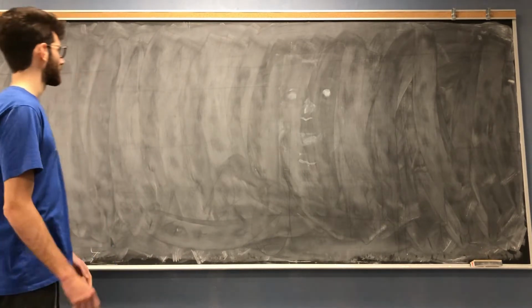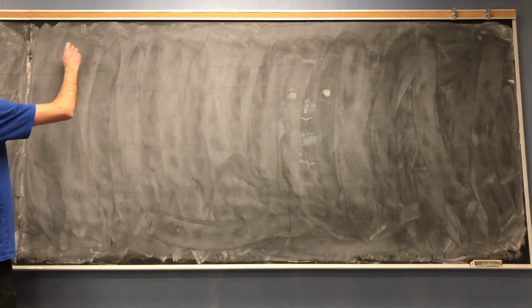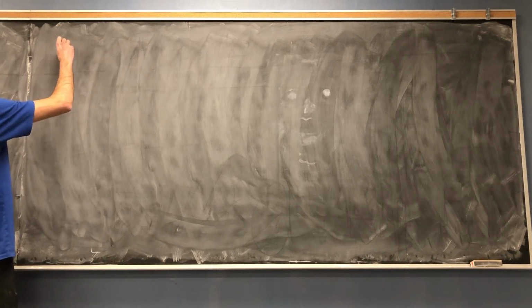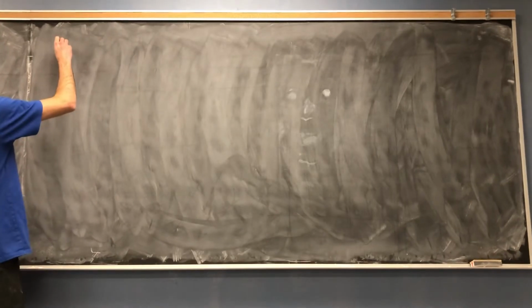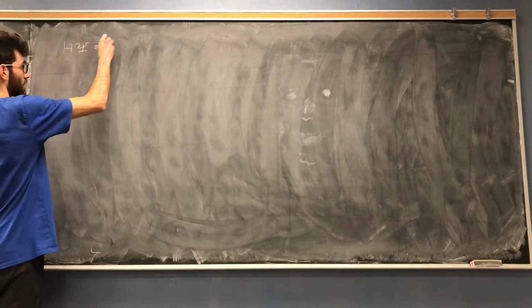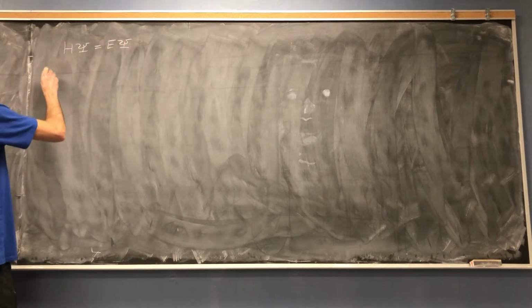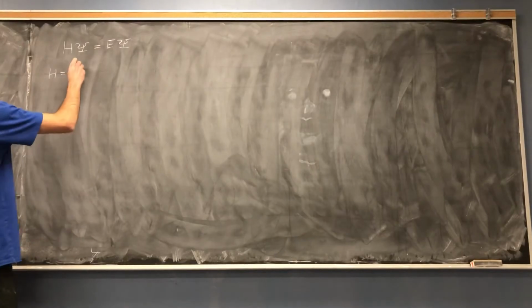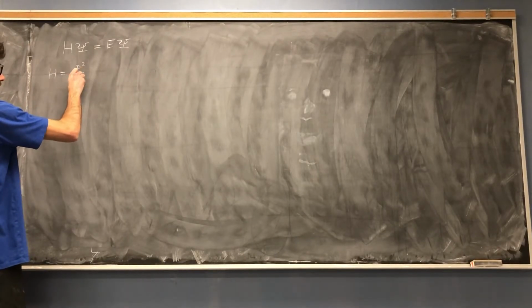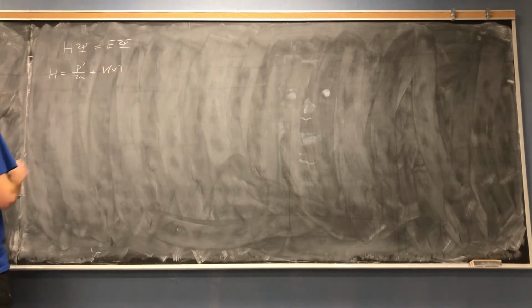So just to give the setup, we are going to solve the time independent Schrodinger equation, H psi equals E psi, for a particle with some kinetic energy and a potential energy, V of x.